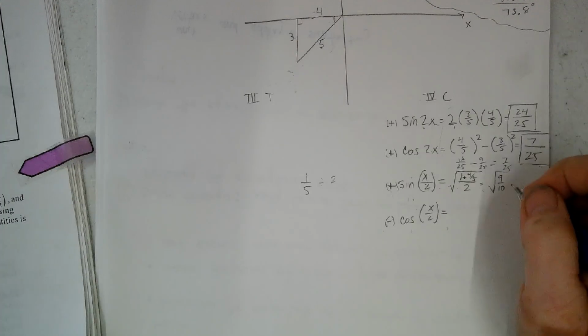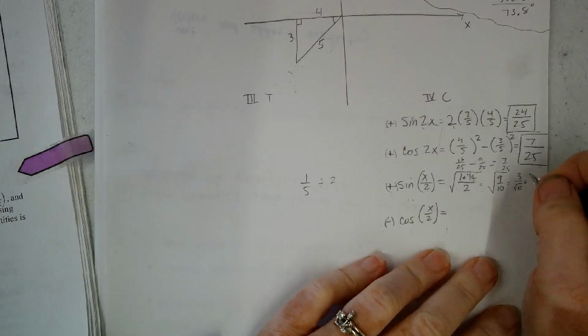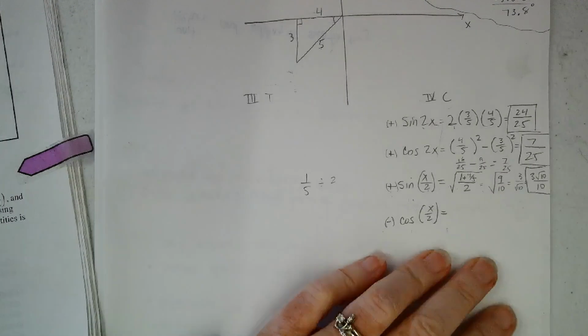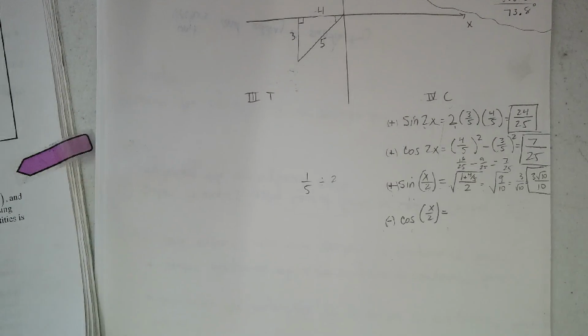So that's going to be 3 over root 10, and then if I rationalize it by multiplying top and bottom by root 10, I'm going to get 3 root 10 over 10. As though you could read the tiny writing. I don't know if that's a common mistake. That's a mistake that I just made.